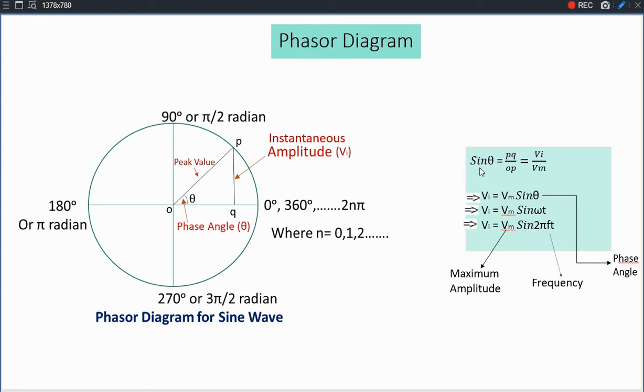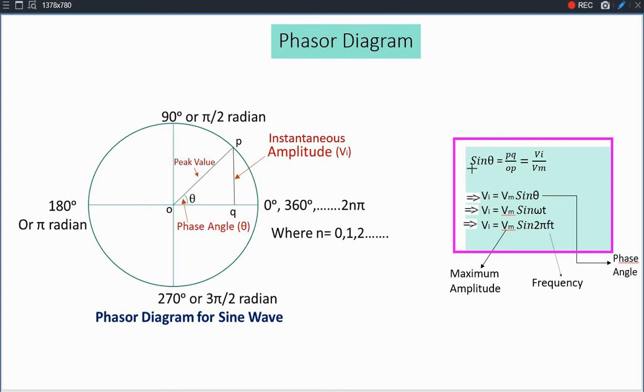As you know from trigonometry, sine theta is equal to perpendicular by hypotenuse. In this phasor diagram, for any angle theta, PQ is the perpendicular and OP is the hypotenuse.